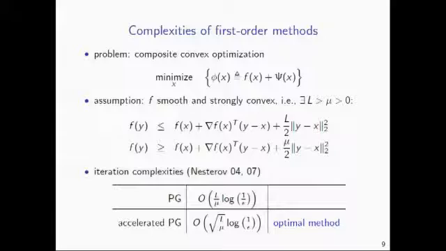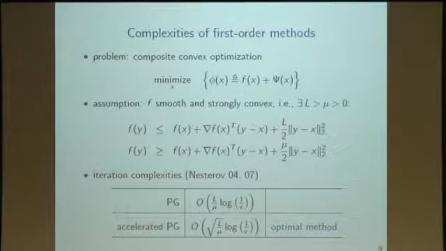But now let's see what happens if we add another assumption. Say F is smooth, but also strongly convex, meaning that it not only has a quadratic upper bound, it also has a quadratic lower bound. Here, mu should be strictly larger than 0. In this case, the same algorithm, without any change, will give you a log 1 over epsilon convergence rate.